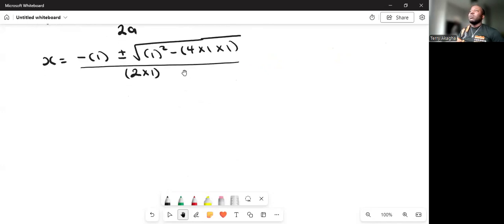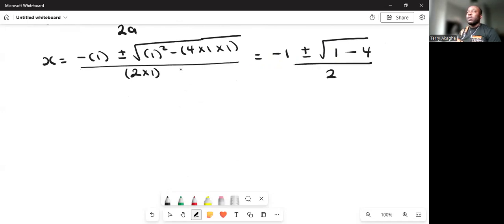So we now know this is going to give us -1 plus or minus square root of 1 squared is 1 minus 4 times 1 times 1 will give you 4 divided by 2. So we now know that x is going to be -1 plus or minus what? 1 minus 4 will give us -3, okay? All divided by 2, all right?